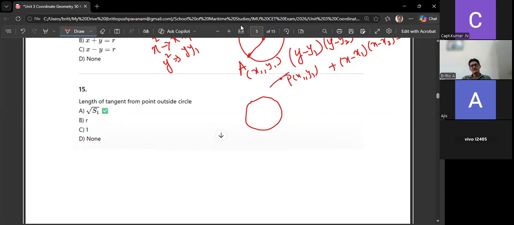You can draw the tangent from it. So what is the length of the tangent from the outside point? It is square root of S1.